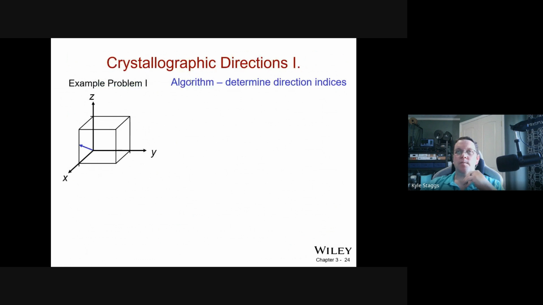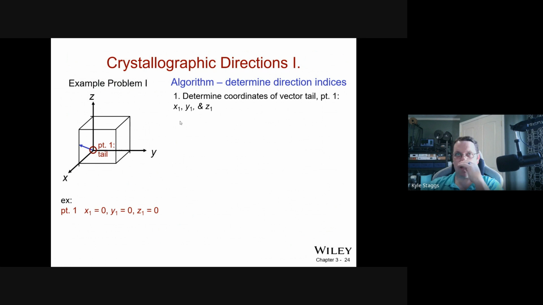So there's a stepwise process that you need to go through in order to calculate these. This is why I wanted to go ahead and start the slideshow instead of just talk about the end state. Vector has a tail and a head. Where it's going on the unit cell is dependent on how it's working in 3D space. Think back to the stuff that you guys have done in SolidWorks, right?